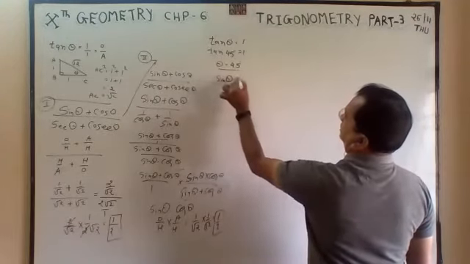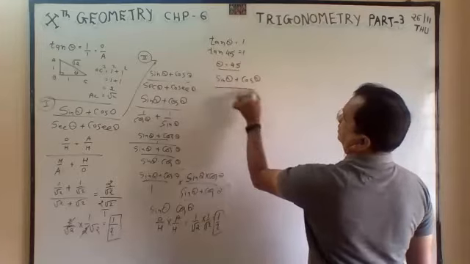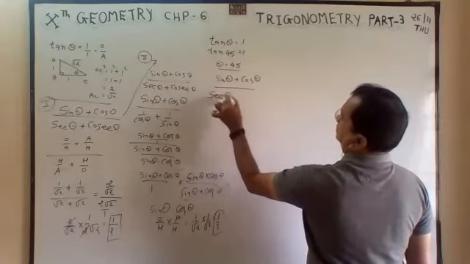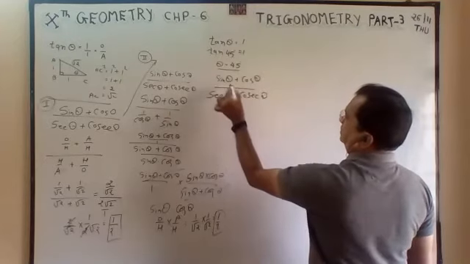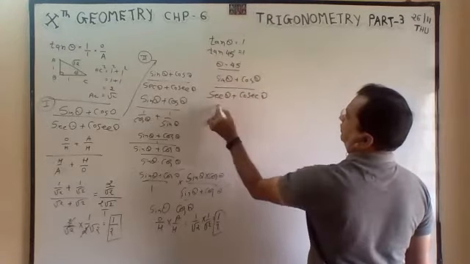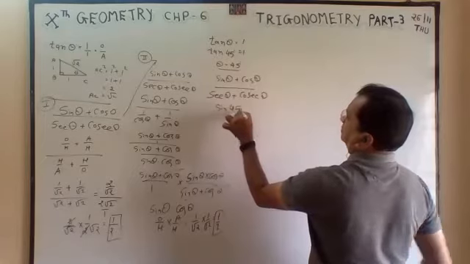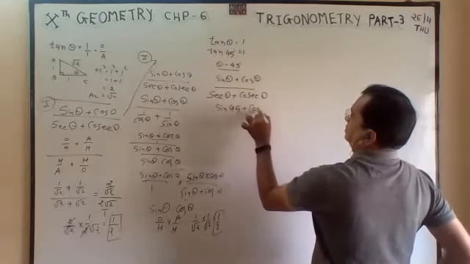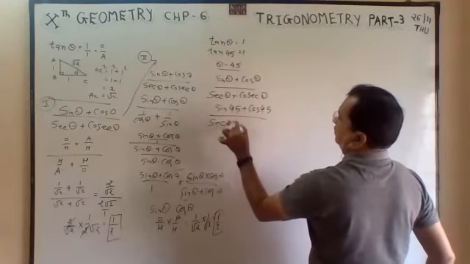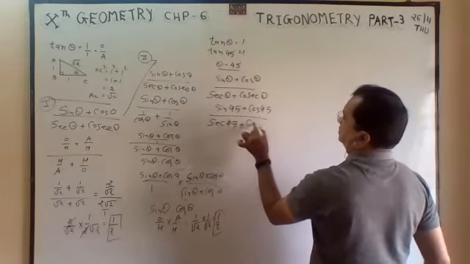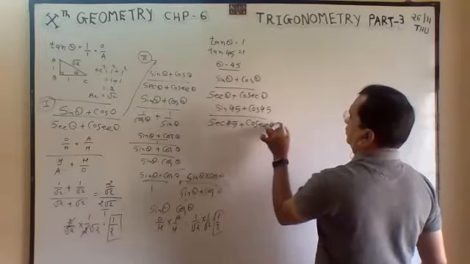So sin theta, cos theta, sec theta, cosec theta: sin 45, cos 45, sec 45, cosec 45.